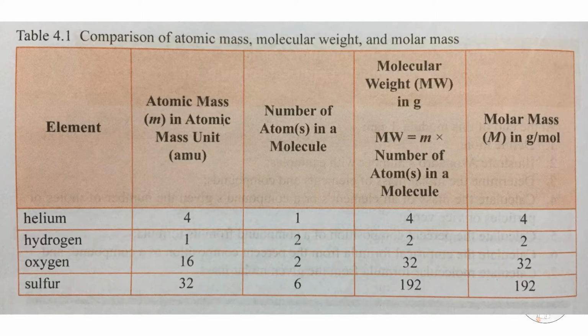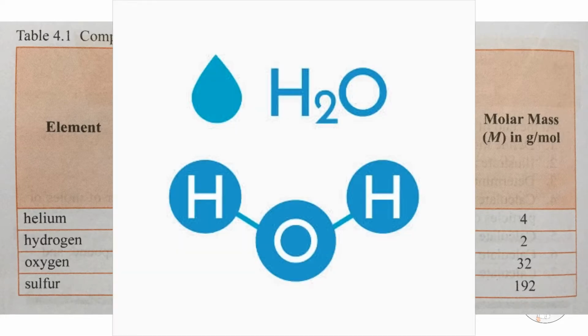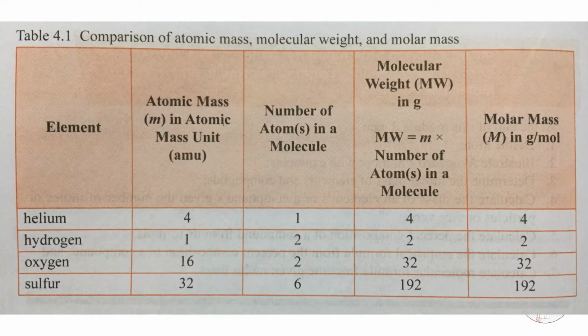Whereas molecular weight refers to the total mass of the atoms in a molecule. So if it is in a molecule, for example, an H2O or water molecule, the subscript 2 is indicated on the H, which is the hydrogen, meaning there are two atoms of hydrogen. And then we are going to multiply that by the atomic mass to get the molecular weight.